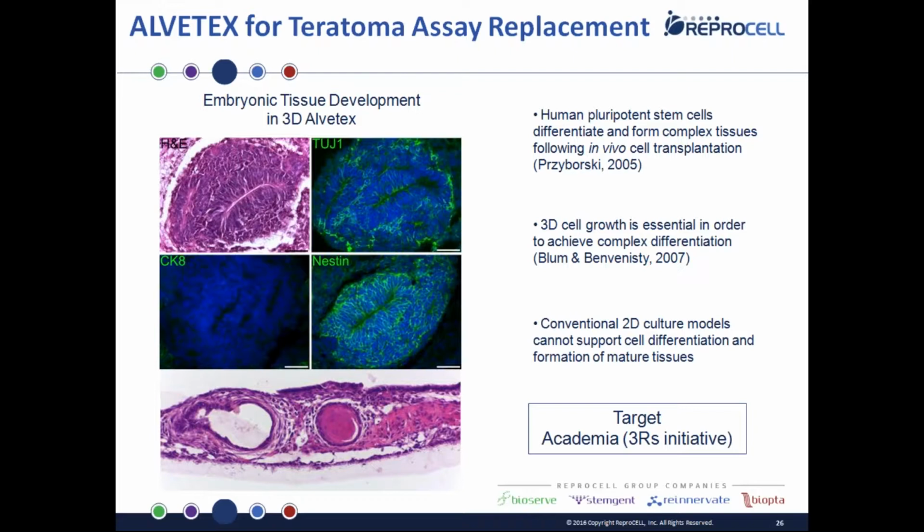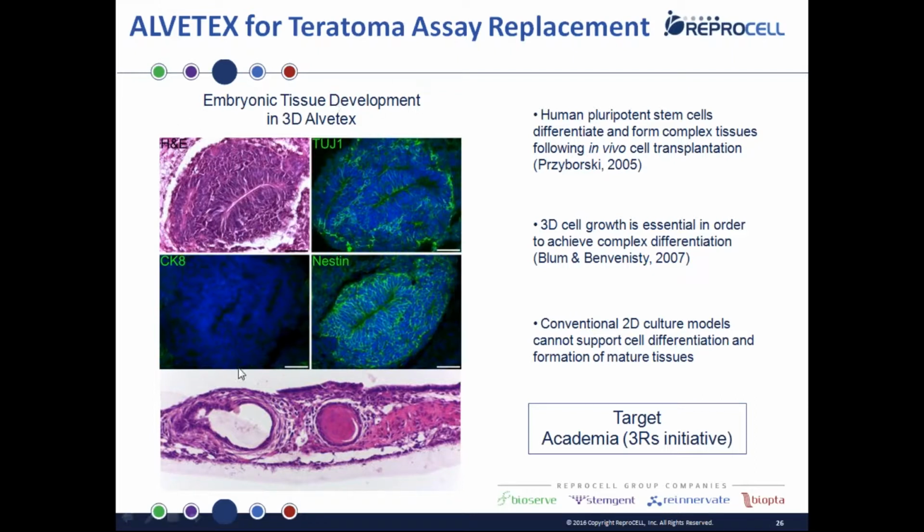So you get your cells, you inject them into an animal, and then you leave it for so many weeks and you see what's happened to your cells, what kind of tissue they've differentiated into while they were inside the animal. And if you can prove with staining that they have differentiated into the 3 germ layers, which are the ectoderm, the endoderm, and the mesoderm, that is one of the tests to say, yes, it is a stem cell. And then you can market it as a stem cell and so on and so forth.